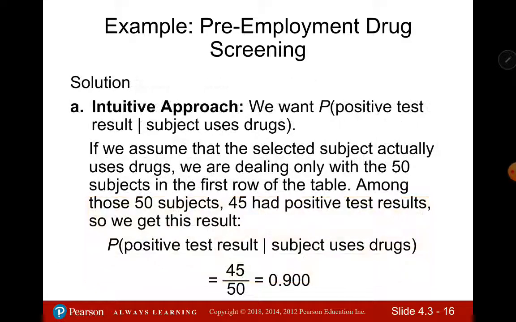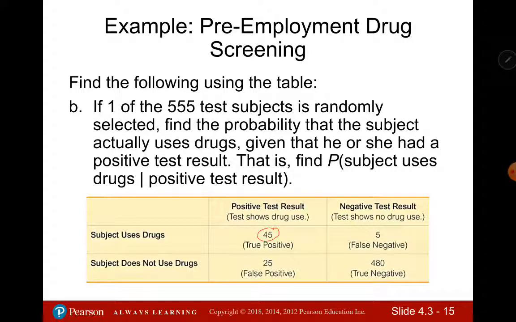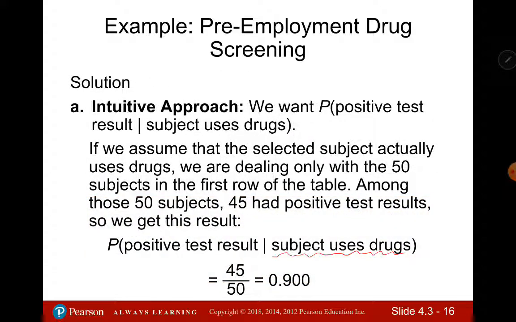Then divide by the number of event A, uses drugs. How many people use drugs? We will find this is 45 plus 5. Check the first row, uses drugs, right? That will be a total of 50. So 45 over 50, we will get 0.9.